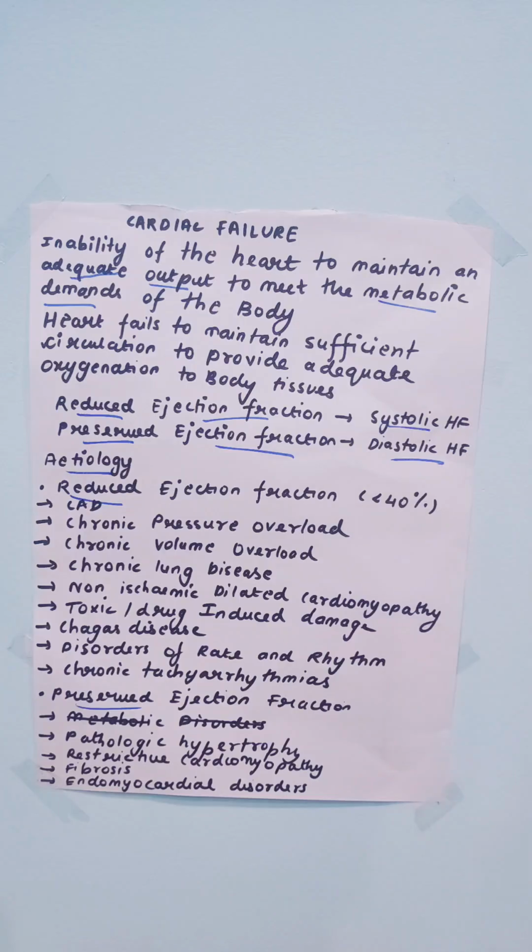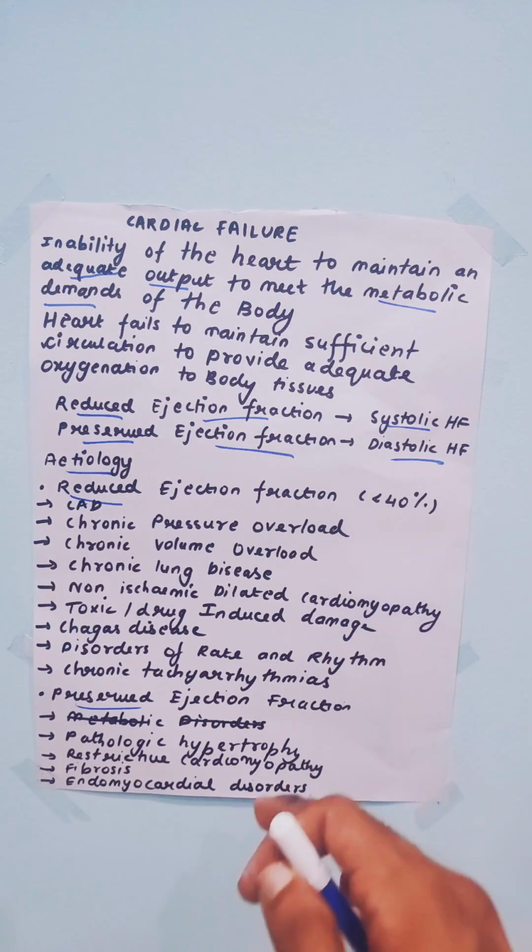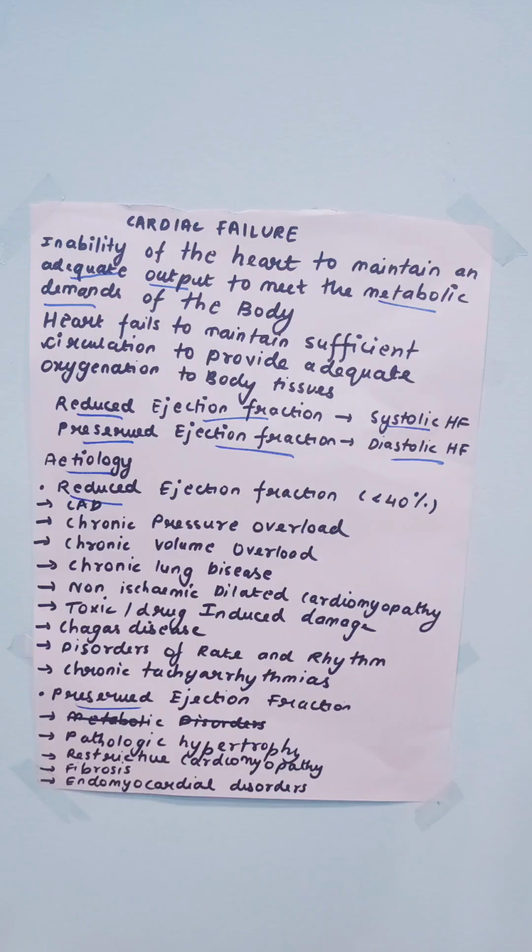Pressure overload occurs basically in valvular diseases, in stenosis, when there is narrowing of the valves, like mitral stenosis. It causes chronic pressure overload. Also, in hypertension there is pressure overload. So these are the conditions which cause heart failure.